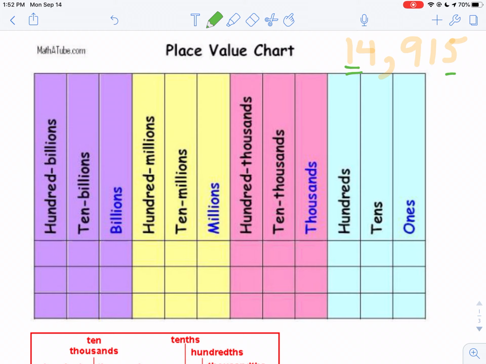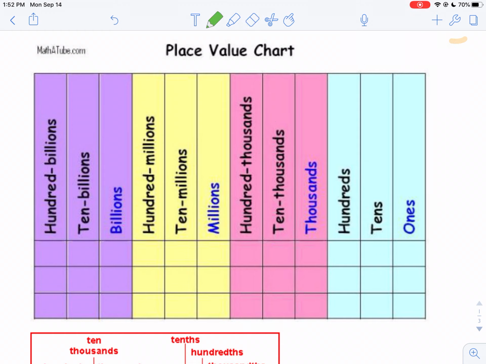So you've got 1, 2, 3, 4, 5. So where is the fifth place on this chart, okay? So here's 1, 2, 3, 4, 5. It's this one. So the answer would be 1 is in the 10,000s place, okay? 10,000s, okay?